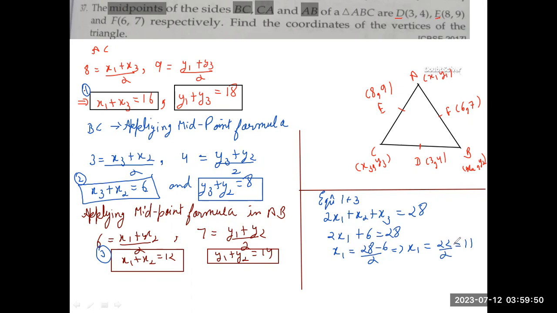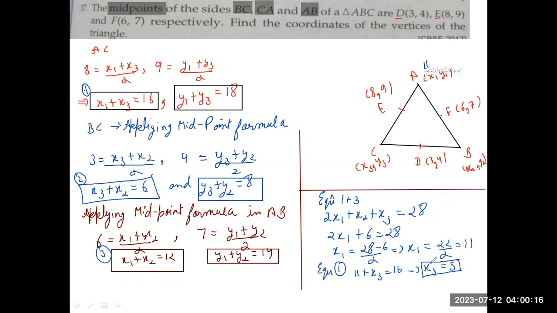So the x coordinate for point A is 11. In the same way, from equation 1, x1 is 11, so 11 plus x3 equals 16. This implies x3 is 5.